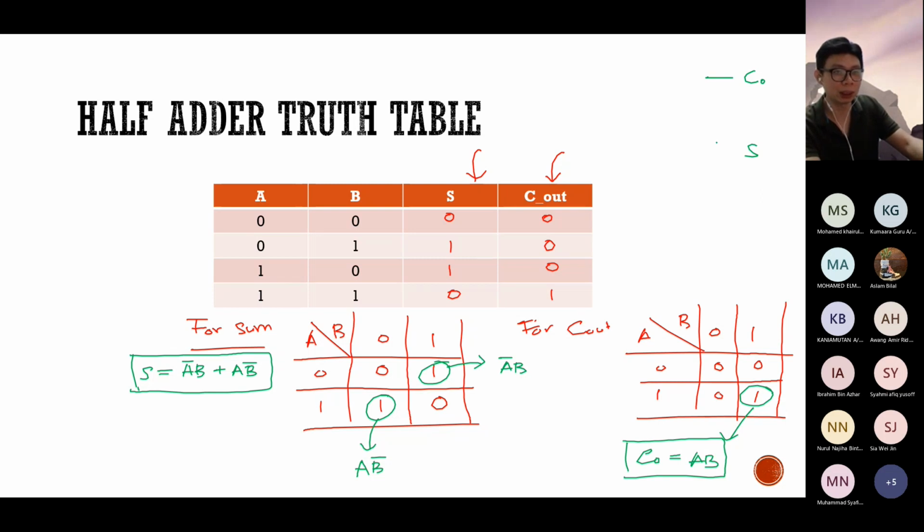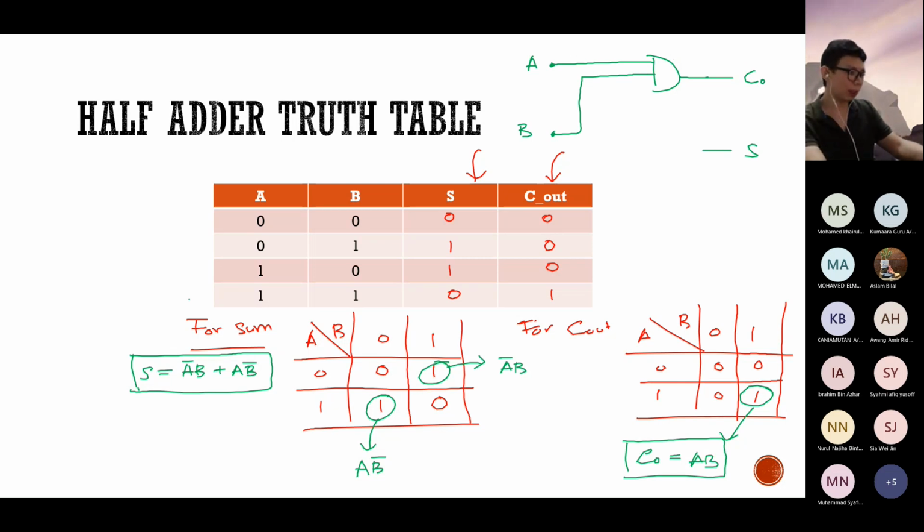You can imagine that to be the output, and carry out is just A multiplied with B. So that is just an AND gate over here. Okay, and you can put in A over here, B over here. So A goes here, and B goes into this. Right, so that is C out.